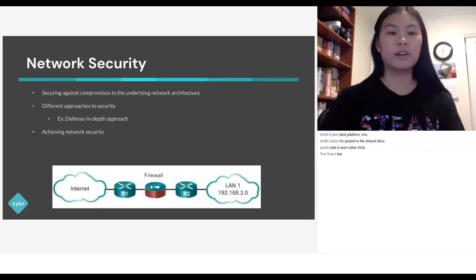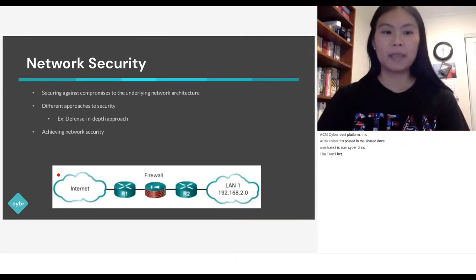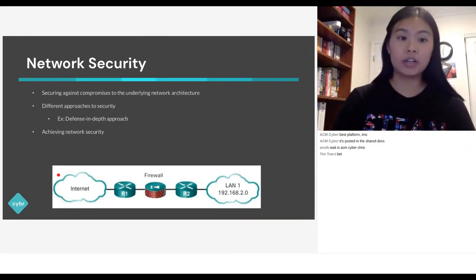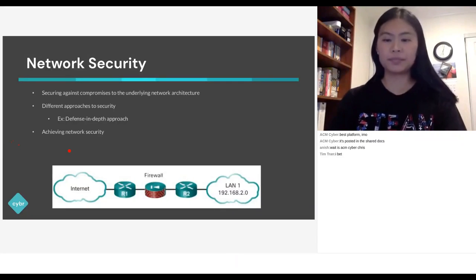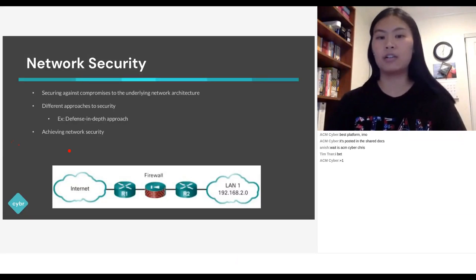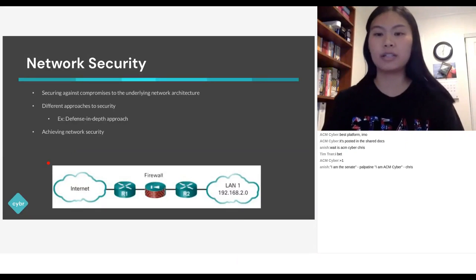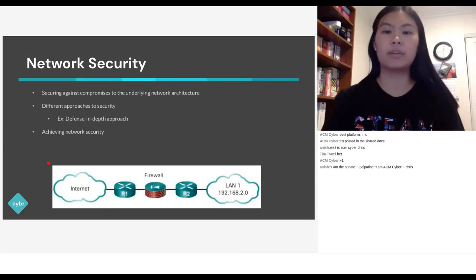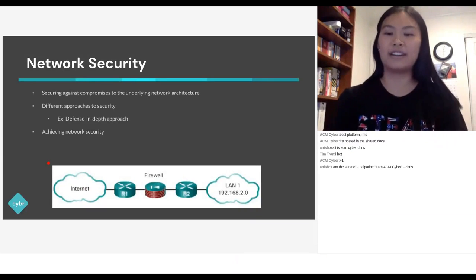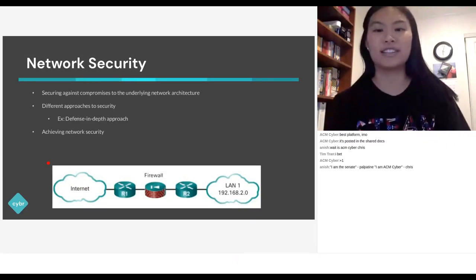So what is network security? We live in an age of technology. We have computers that run applications, and we're able to communicate and provide services. We have all these benefits: email, cloud computing, access to web content. Cloud computing is a really big thing now, with cloud computing security, so if you're interested in that area or want a workshop on it, shoot it in the chat.